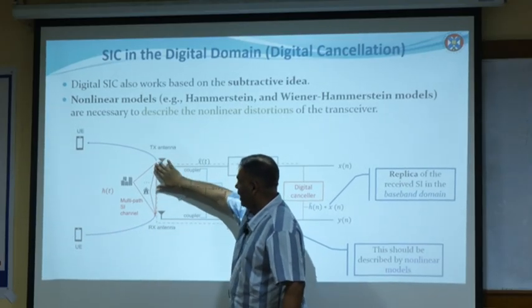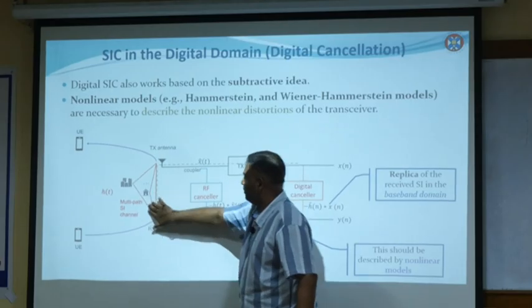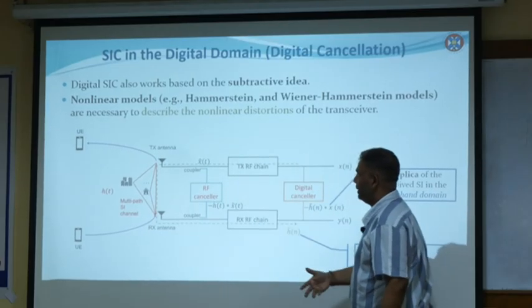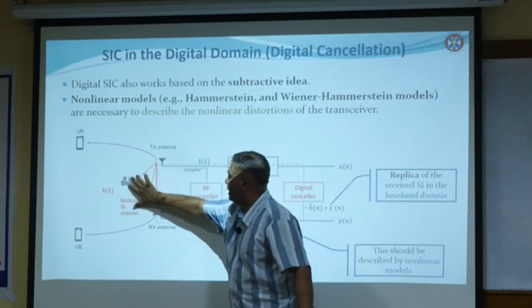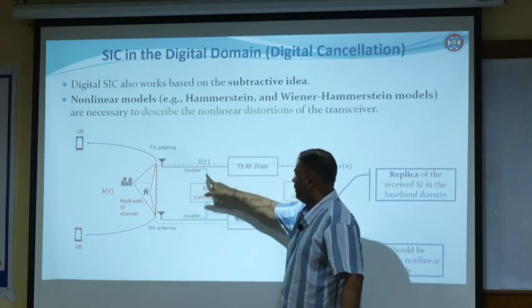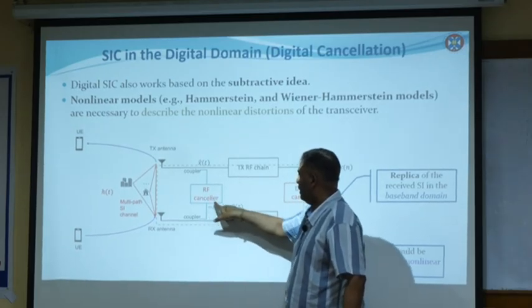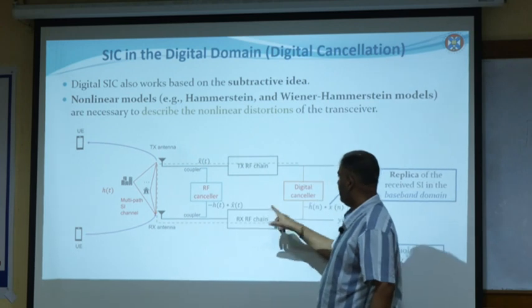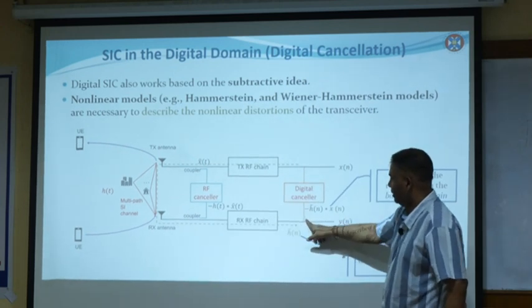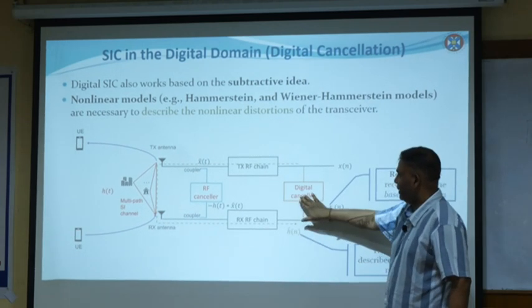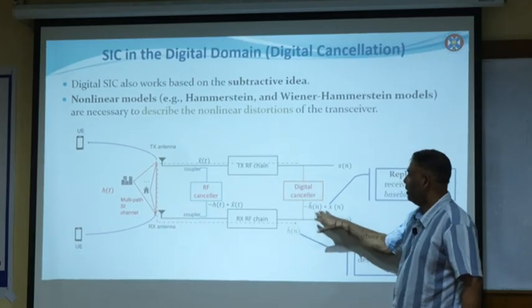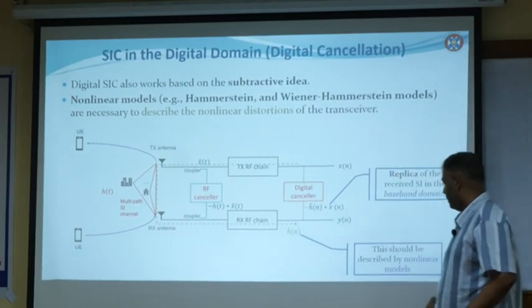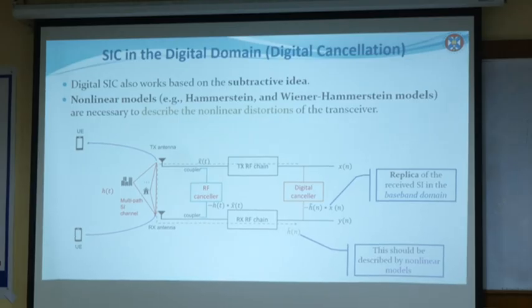So the self-interference has a direct path and also some multiple reflected paths. So this self-interference channel is created here in the RF canceller and then subtracted, before we change it to digital, analog to digital conversion. After that, you do the remaining self-interference cancellation in the digital domain.